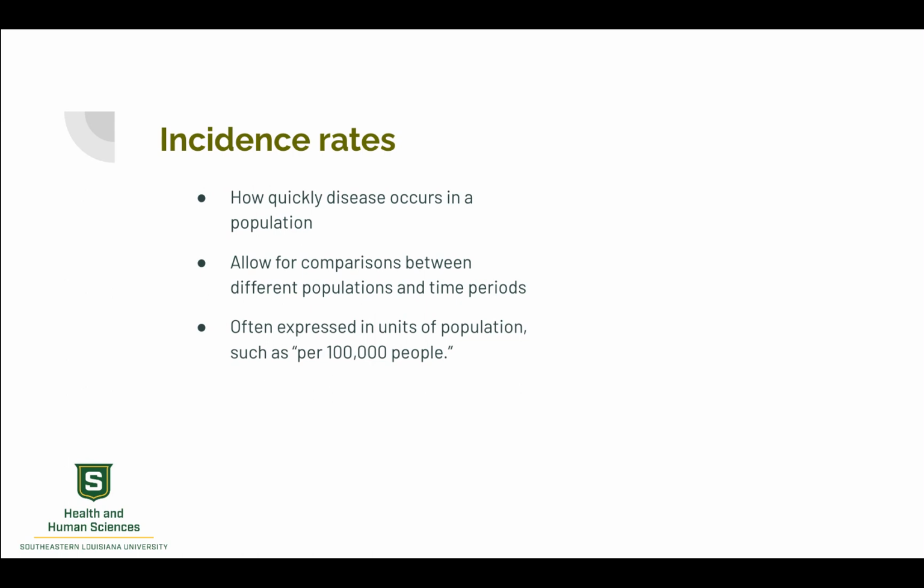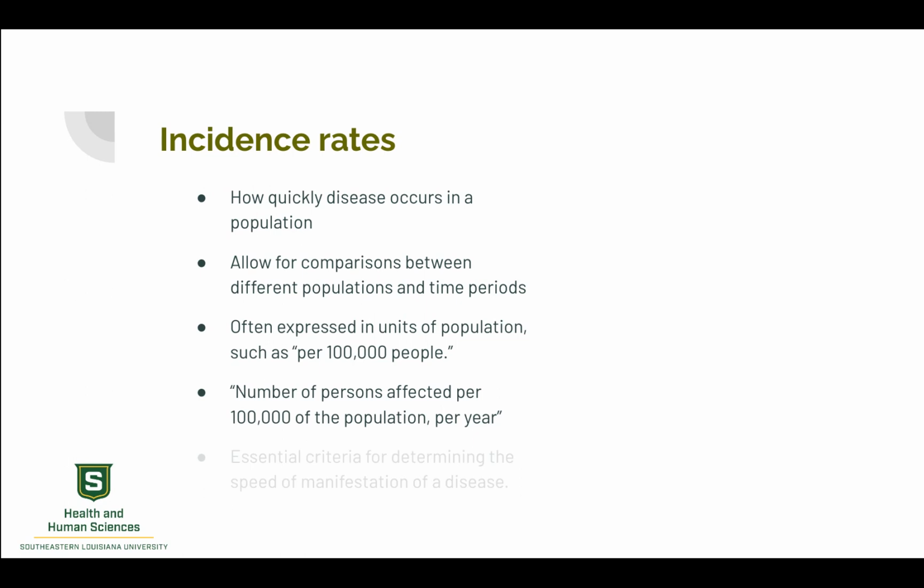Incidence rate is looking at millions of people, hundreds of thousands of people. So it's at a much bigger magnitude than the kind of data that a facility collects. Those numbers are expressed in terms of number of persons affected per 100,000 of the population per year. So incidence rate is looking at it from a yearly perspective.